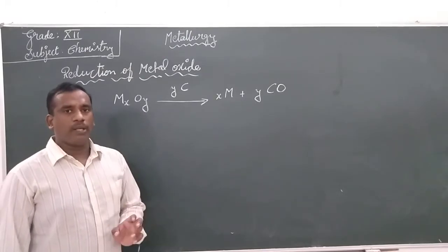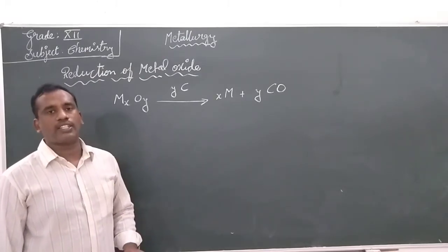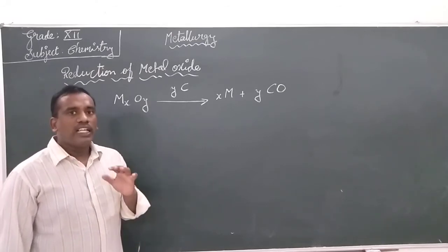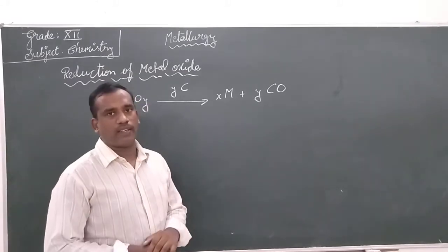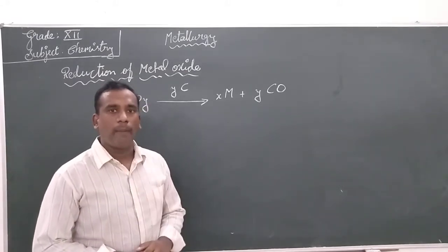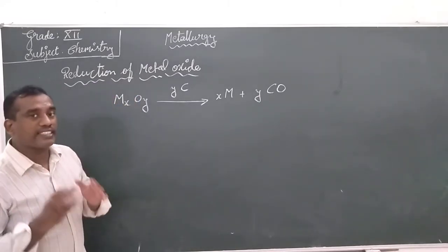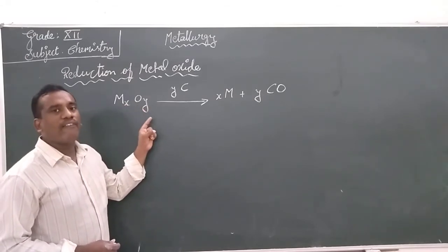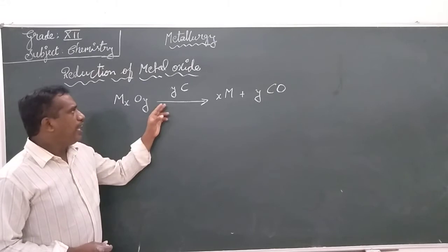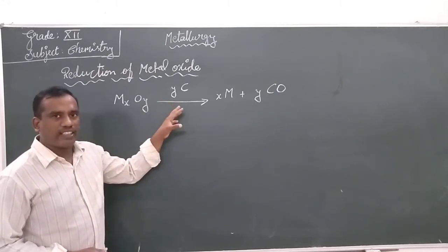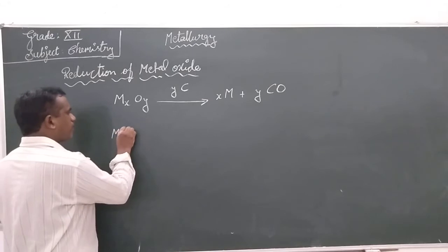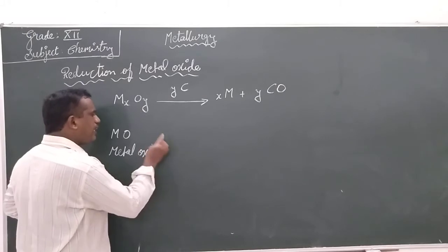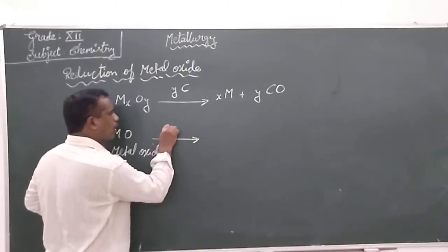So whatever it may be, in the roasting or calcination, the common product is a metal oxide. Such kind of metal oxide needs to be converted into the metal. See, we got a general equation here: MxOy. The suffix indicates their coefficient. The metal oxide, we can also write as MO, is reacted with coke.